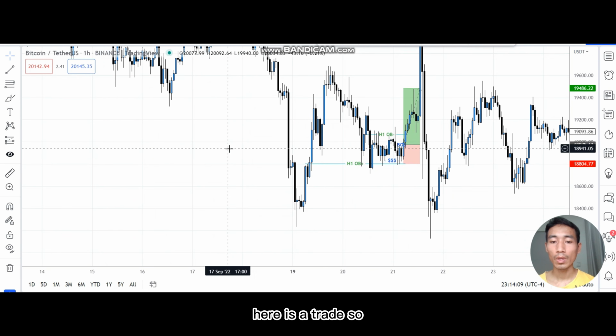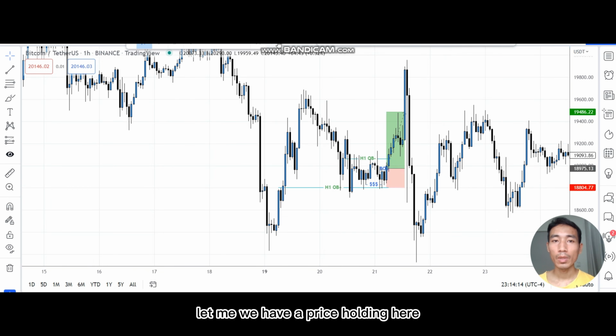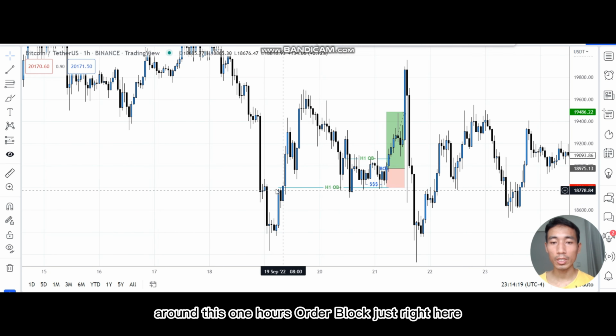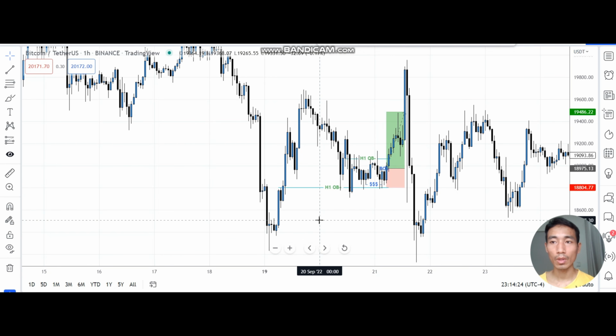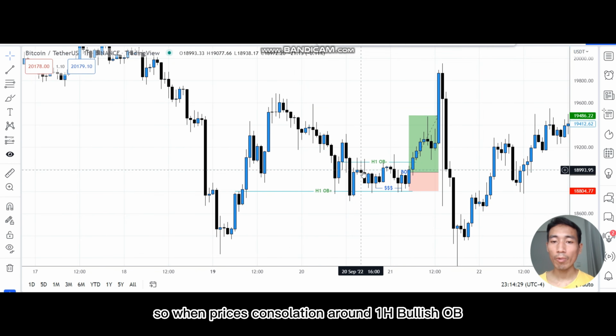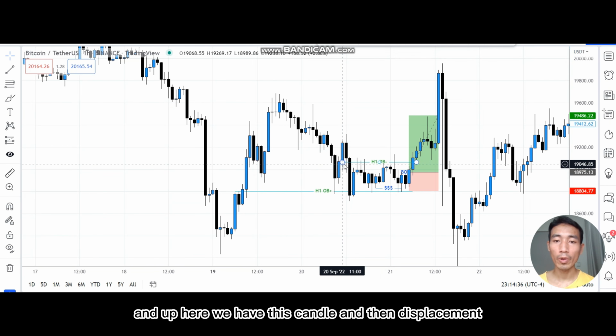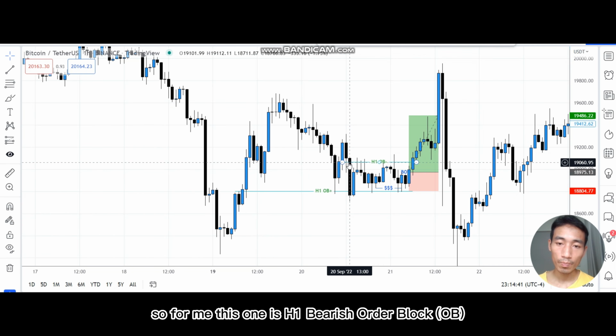Here is the trade. We have price holding around this 1 hour order block, right here. When price reaches consolidation around this 1 hour bullish order block, and up here we have this candle with a displacement, so for me this one is a 1 hour bearish order block.